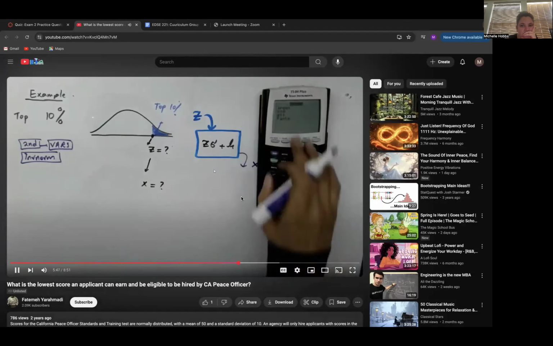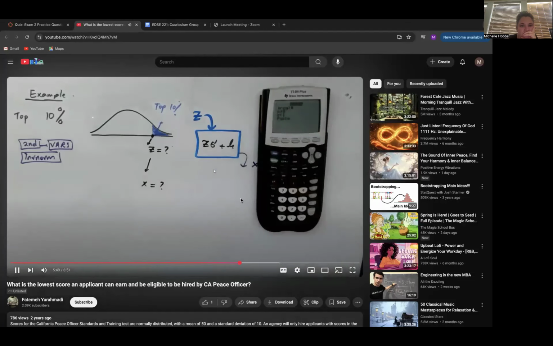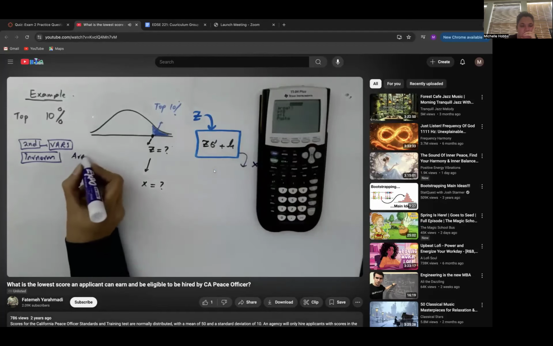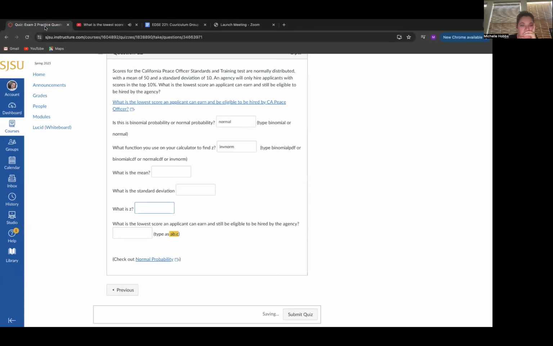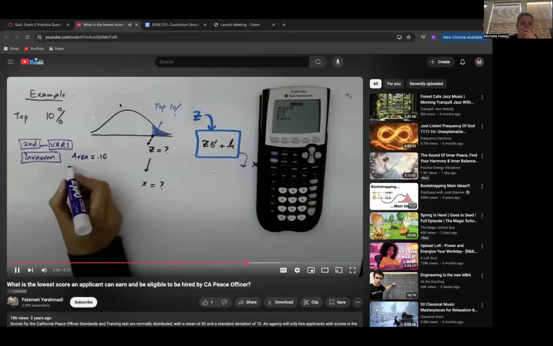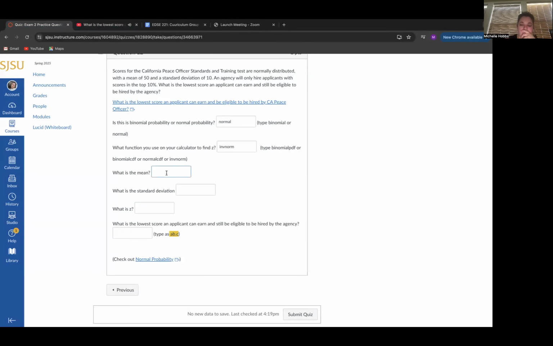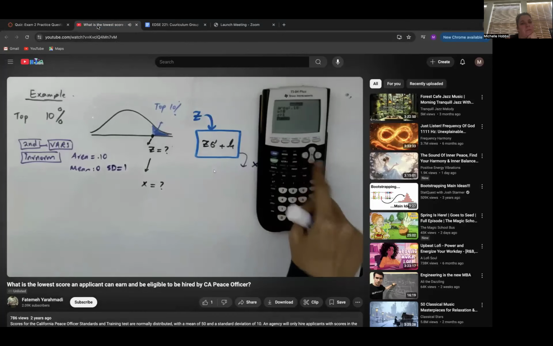The area is 10%, 0.10, and the mean is 0 because you're trying to find your z. Mean is 0 with standard deviation 1. So 10%, 0.10, mean is 0, standard deviation is 1.